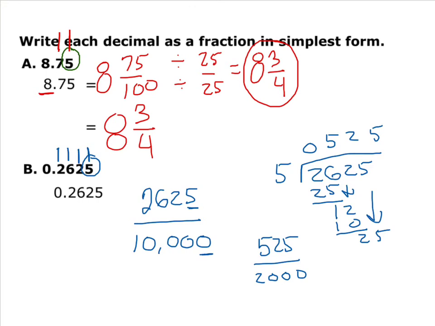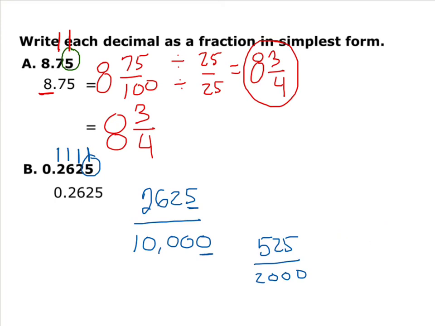Alright, well, I know that I can simplify that again, so let me erase this here so I have some more room to do some more work for you. Alright, so let's work this guy out. And I know that 25 will go into both of those, so if I have 525 divided by 25, let's see.